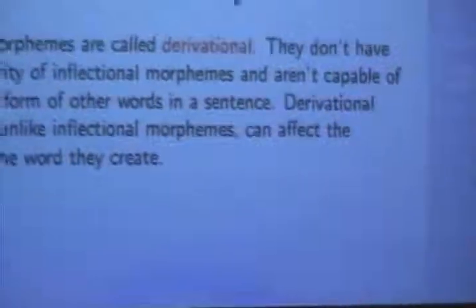So one way of thinking about how to express that fact about how inflectional affixes differ from derivational ones, their inability to change or determine the category of the word that's being built, is to imagine that inflectional affixes, unlike derivational affixes, do not ever belong to parts of speech.